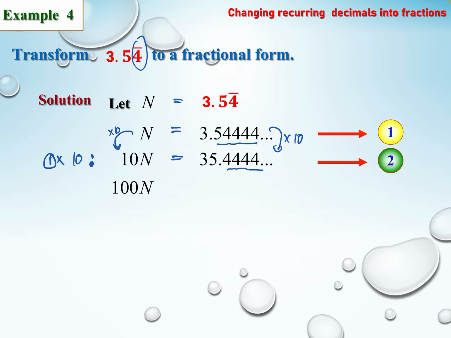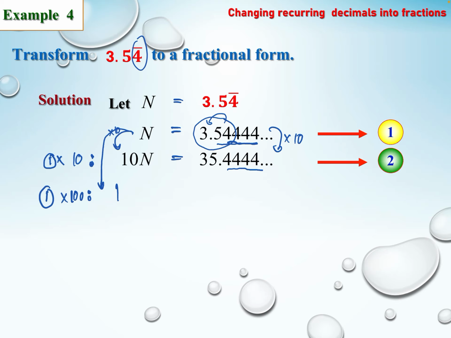So what we have to do, if you notice this, to make the decimal become 444, we have to take 5 and 4 up here, right? To take 5 and 4 to decimal places, we take equation number 1 multiplied by 100.